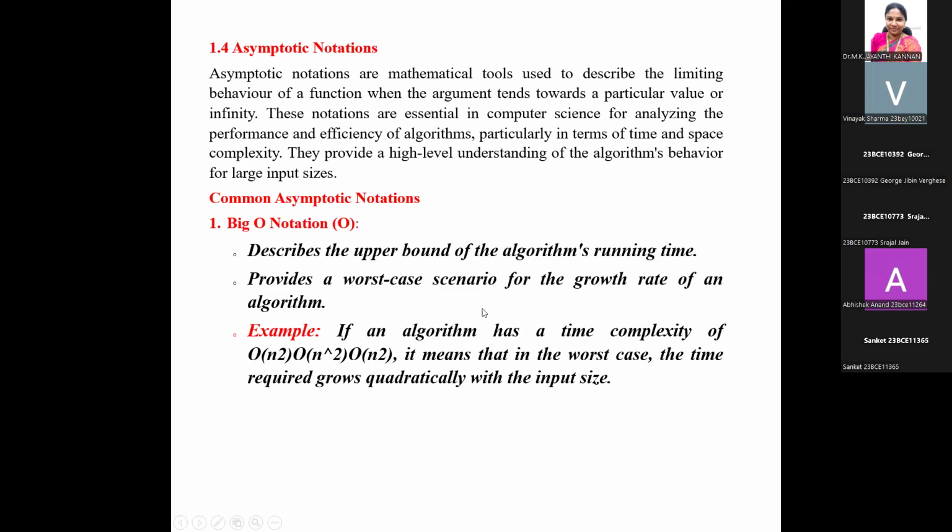So in big O notation, we are taking the upper bound. Say you are writing an exam. Some students are completing the exam within 1.5 hours or 2 hours, since they write all the answers and can complete the exam within 2 hours itself. But the duration for the given exam is 3 hours.